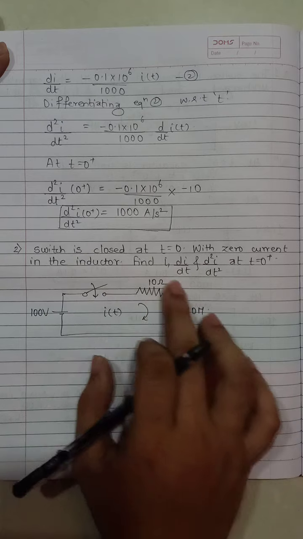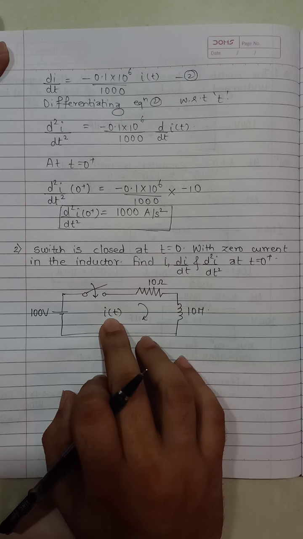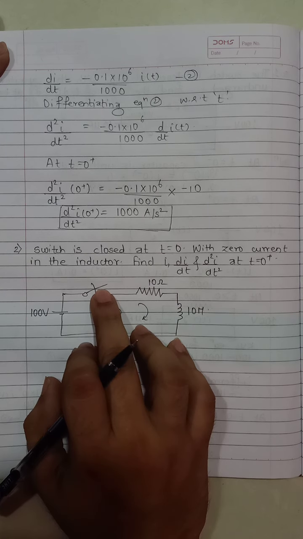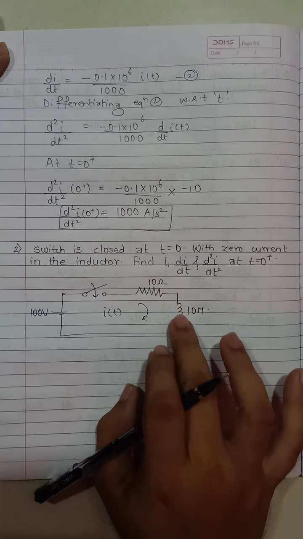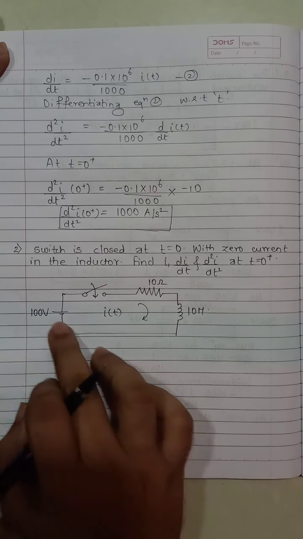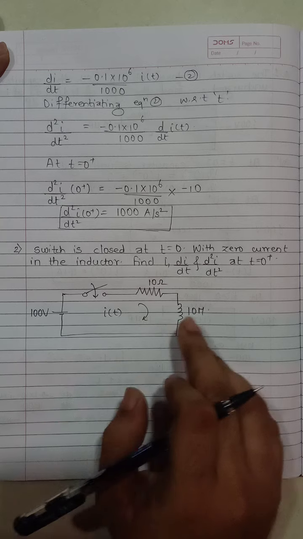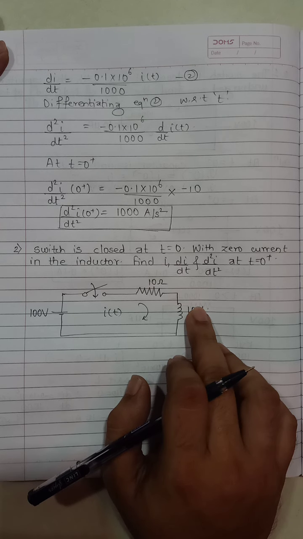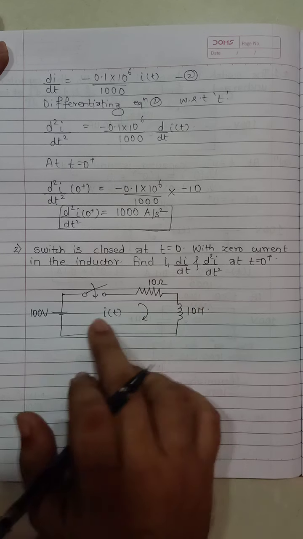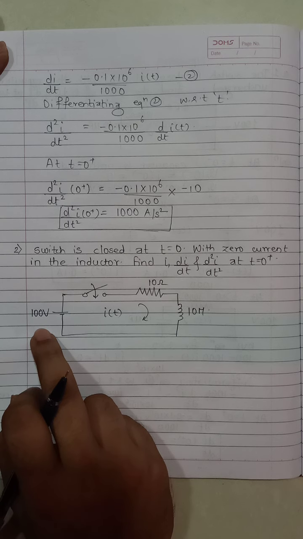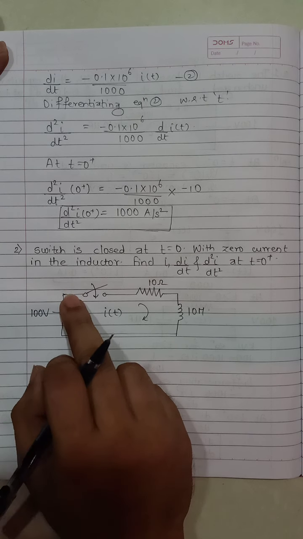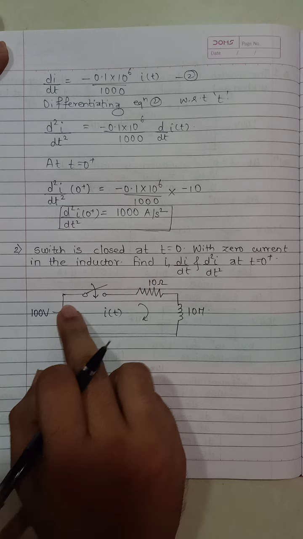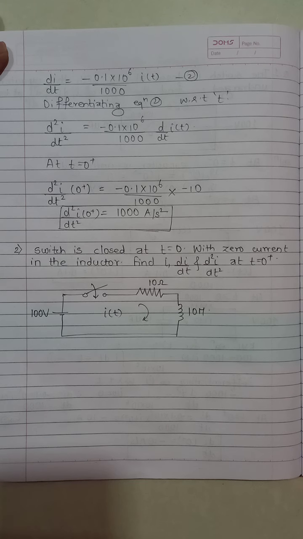So this will be an open circuit, and i of 0 minus will also be 0. Just when the switch is closed, since it is not excited, the current through the entire part will be 0, because this will act as an open circuit as discussed previously. And then for t greater than 0, you can write the KVL equation, and hence you can solve this problem.